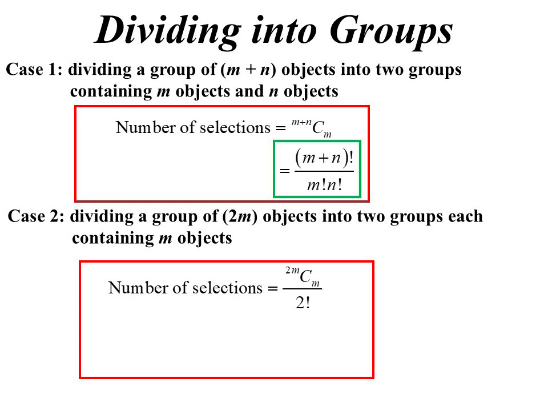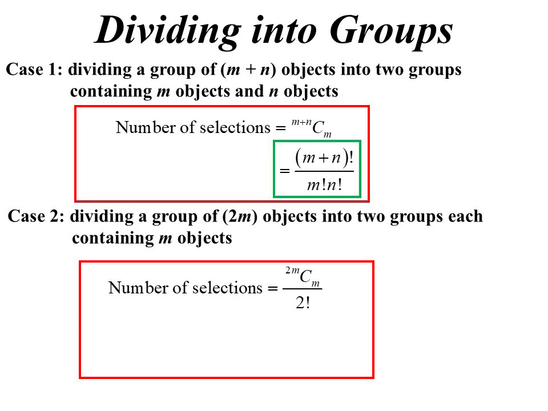But if the groups are of the same size, I need to divide by the number of ways I could arrange the groups. Because imagine this selection. I could have A, B, B, B. But I could also have B, B, B, and A. Now, as far as we're concerned, they're the same, because we're not actually interested in that.